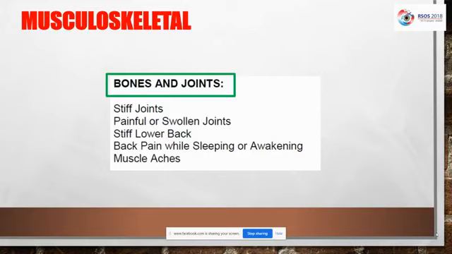So this is very important in the history of those patients. So again, stiff joints, painful or swollen joints, stiff lower back on sleeping or awakening, and muscle aches.